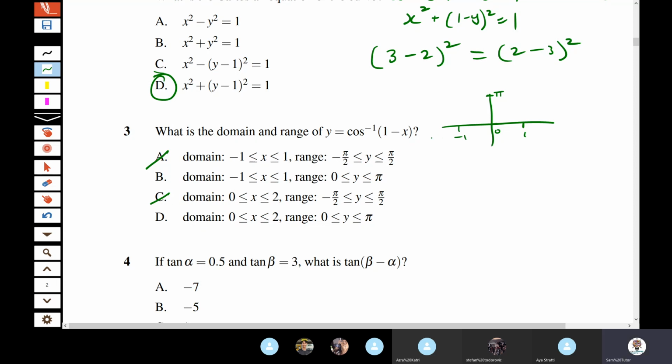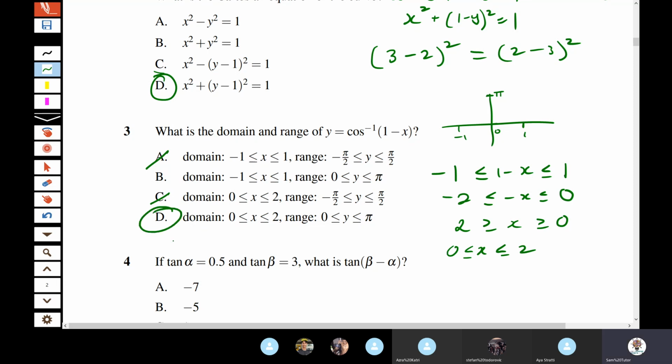Then you guys know that all we did with our domains was that we replaced the x value with 1 minus x. So it looks like this: negative 1 less than or equal to 1 minus x less than or equal to 1. What do we do to everything to solve for x? I would personally subtract 1 from everything first. And then obviously you would divide everything by negative 1, which means D is the answer.